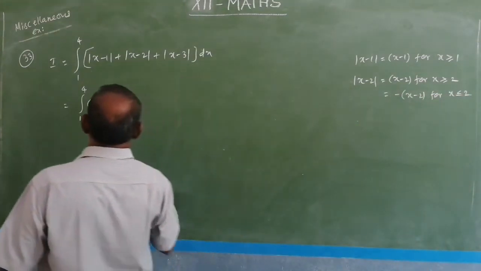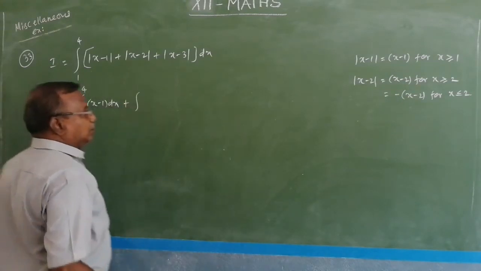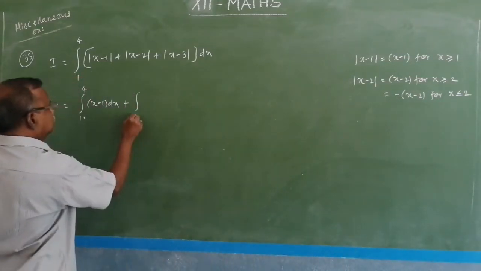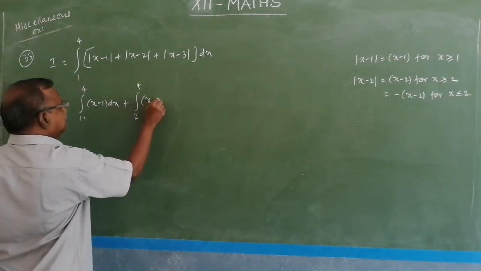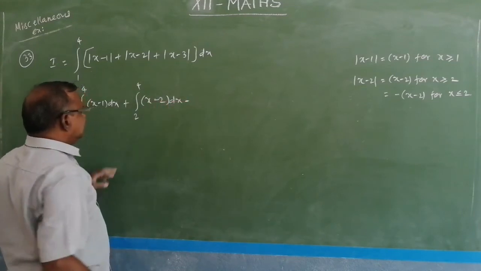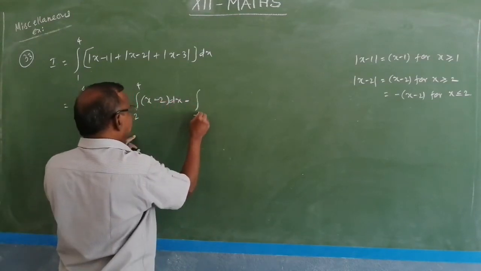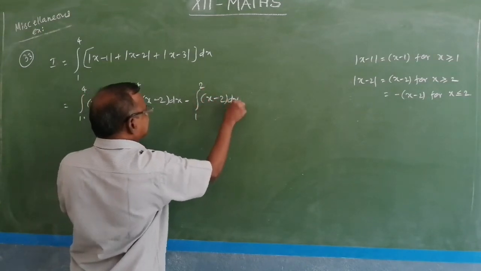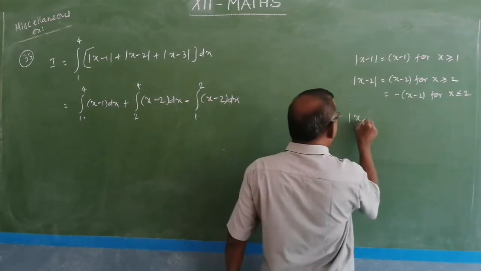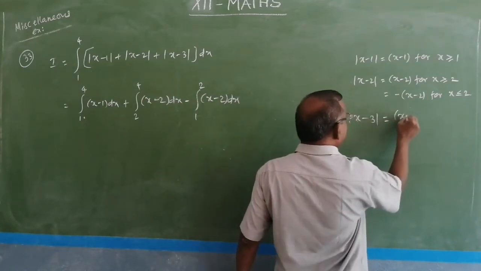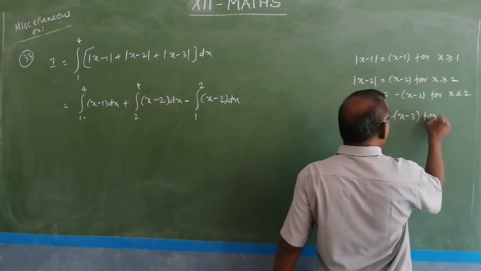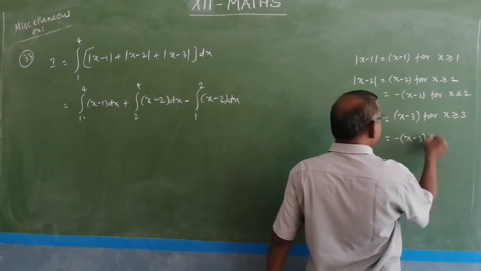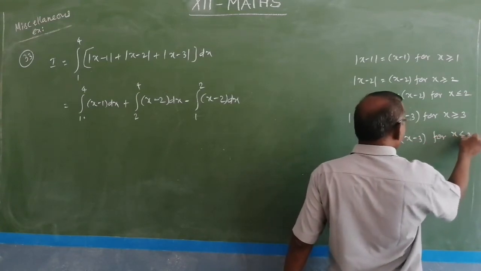So it is plus from 2 to 4, x minus 2 dx, and minus from 1 to 2, x minus 2 dx. And modulus of x minus 3 equals x minus 3 for x greater than or equal to 3, and equals minus (x minus 3) for x less than or equal to 3.